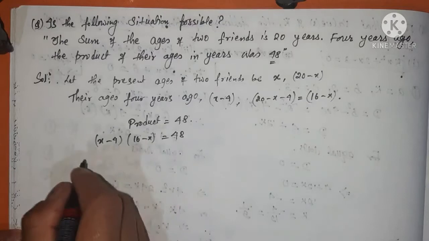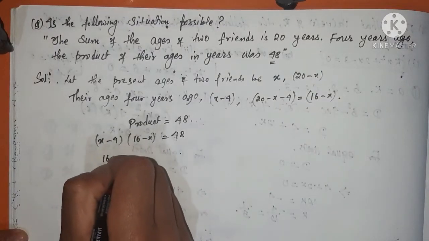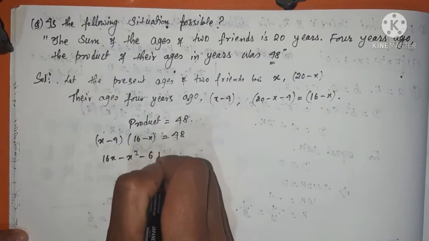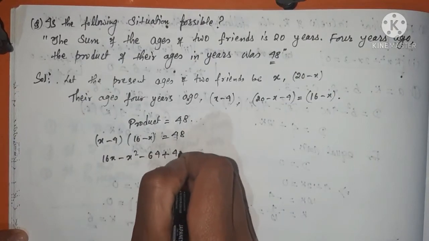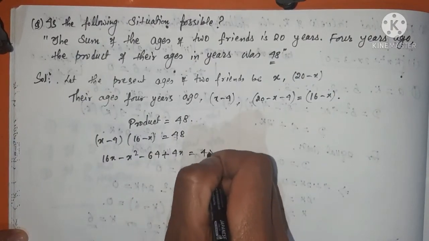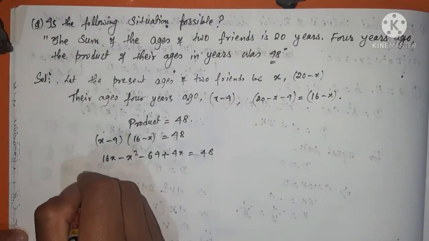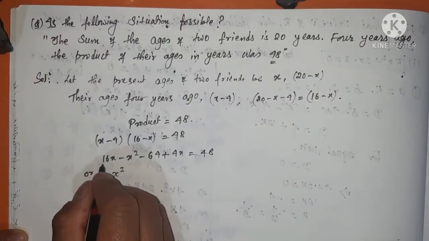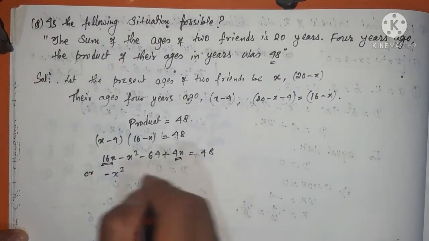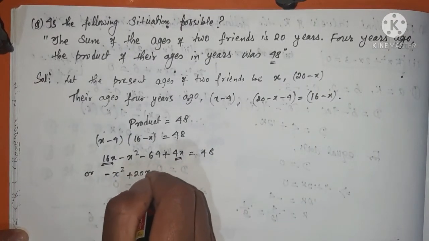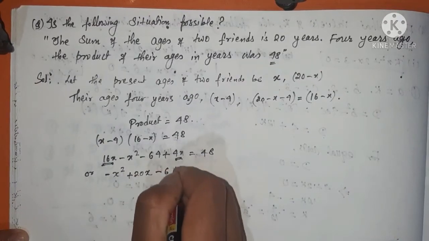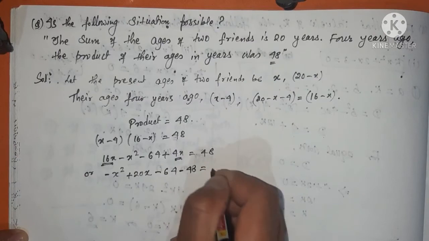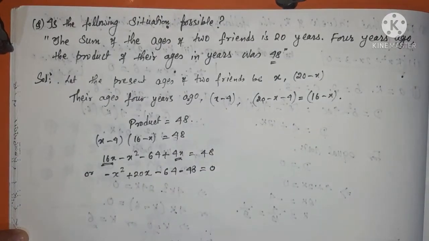So multiply it. 16x minus x square minus 64 plus 4x is equal to 48. Or you can write minus x square, here is 16x, here is 4x, that is 20x, minus 64, now this comes to this side, again minus 48 is equal to 0.